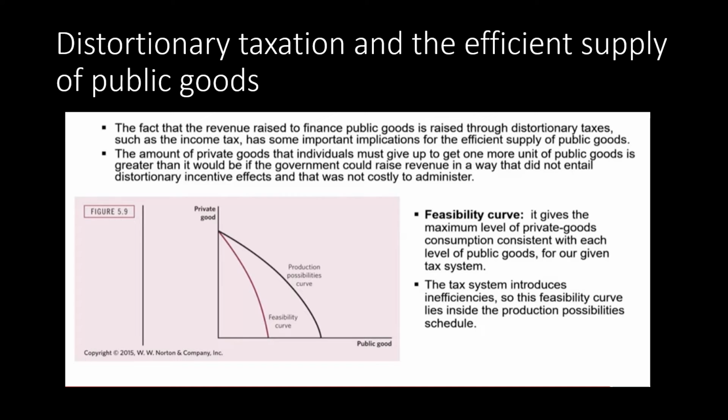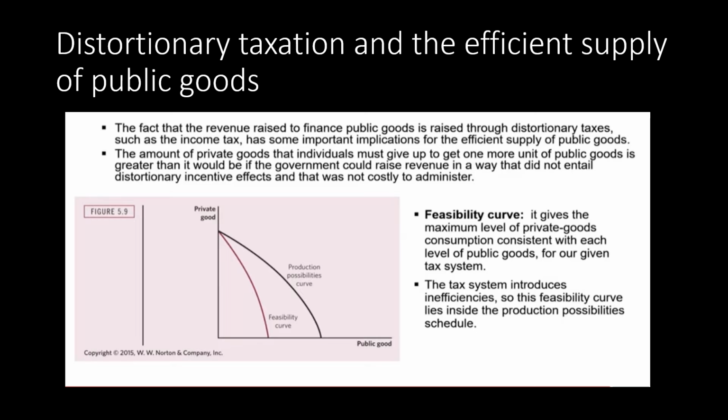As we can see from the graph, there is also this scenario for the feasibility curve. What do I mean here? The feasibility curve gives the maximum level of private goods consumption consistent with each level of public goods, for the given tax system.